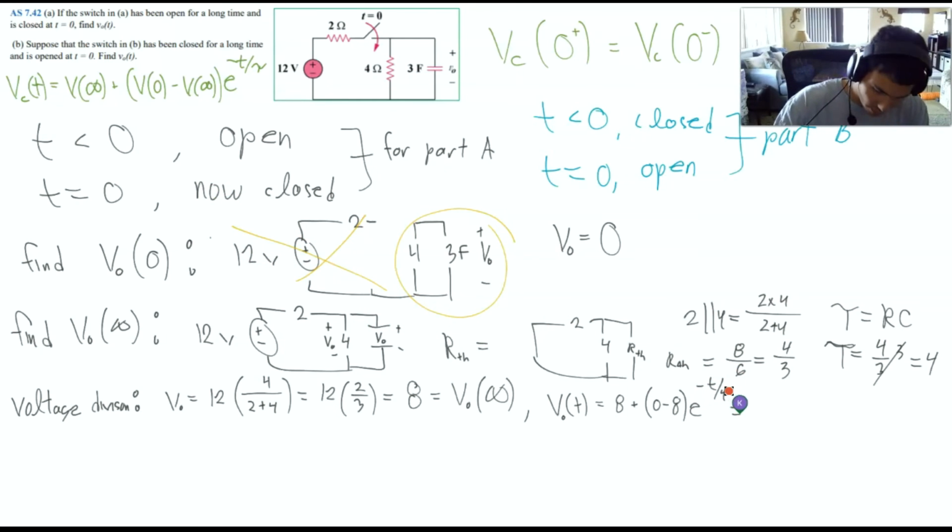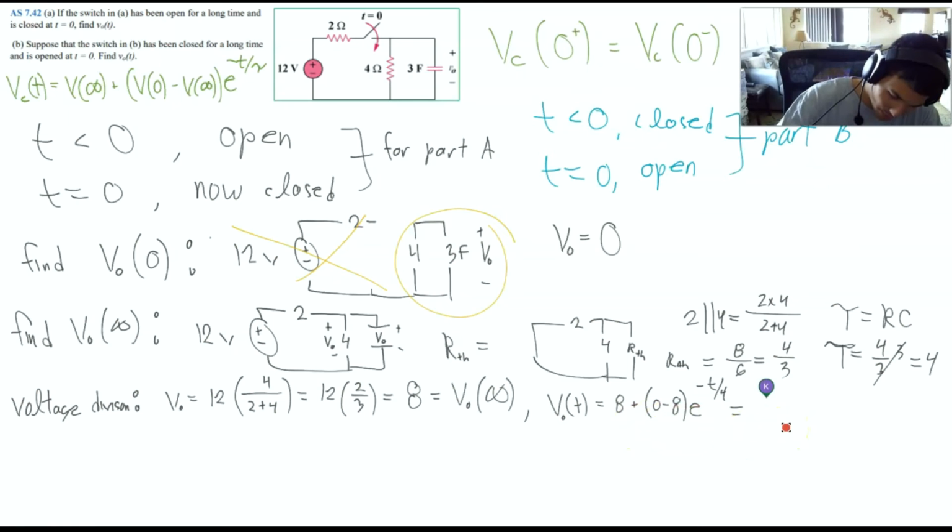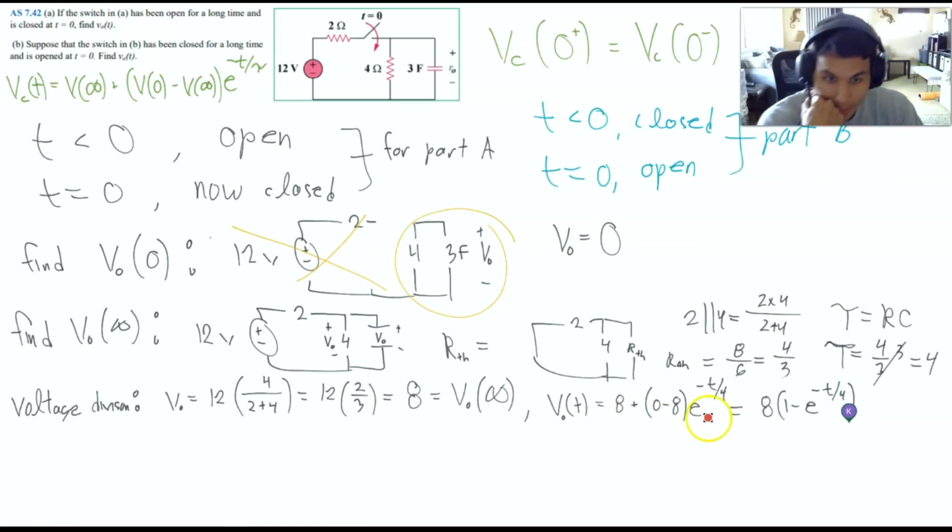And if you want to write it nice and fancy, you could write it like this: 8 times 1 minus e to the negative t over 4. If you factor out the 8, this will be minus e, and then this will just be 1. So this is the answer.